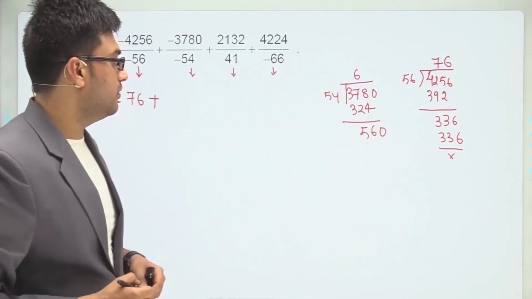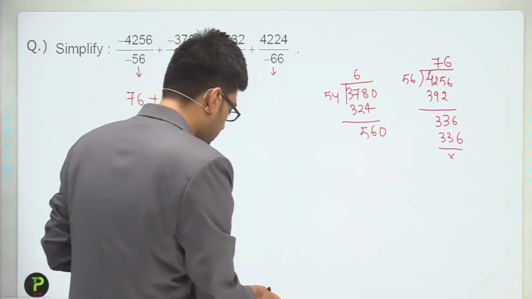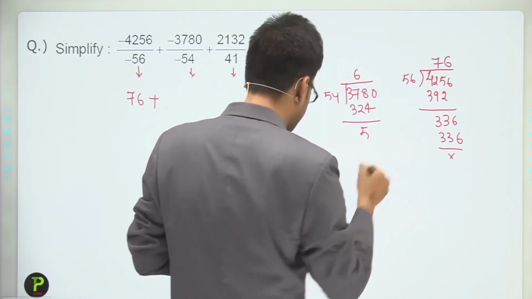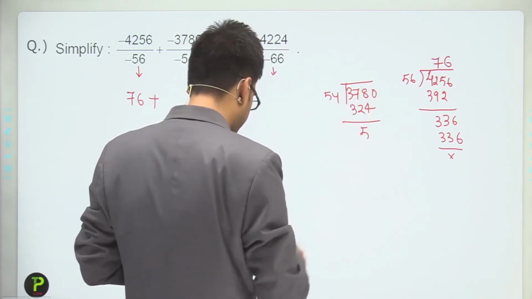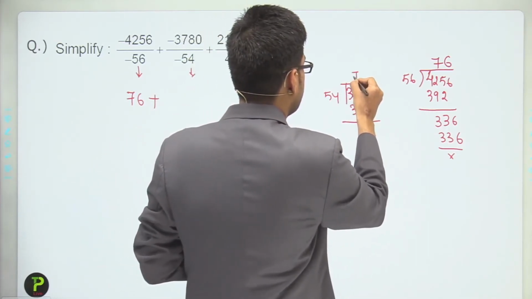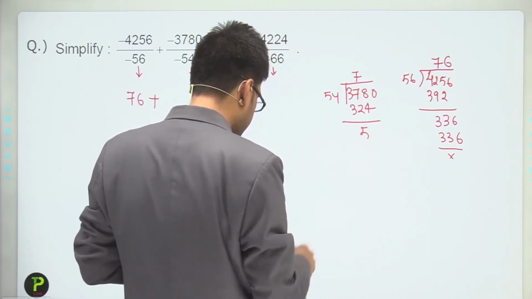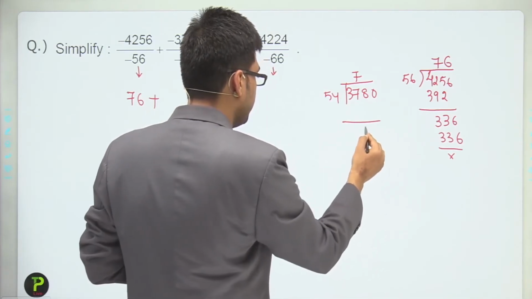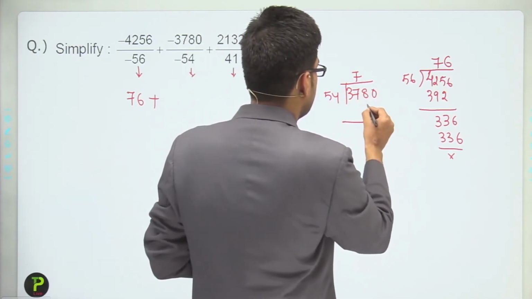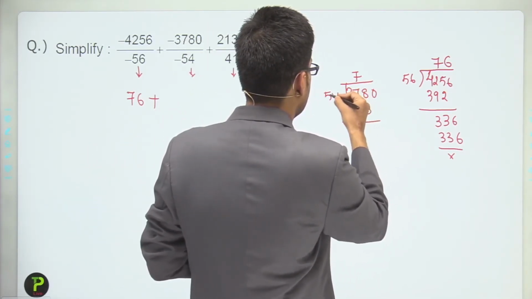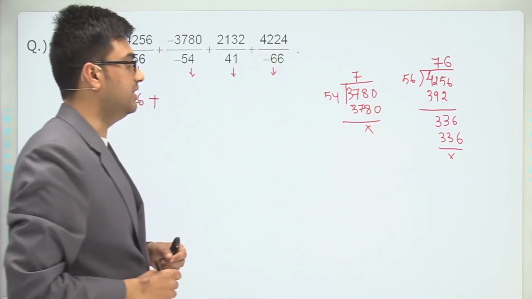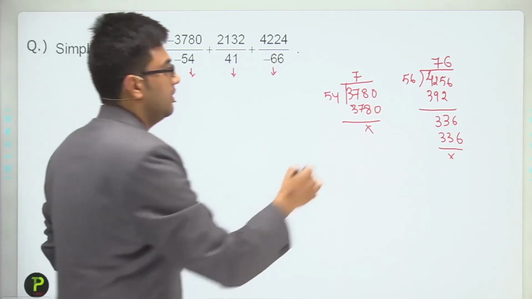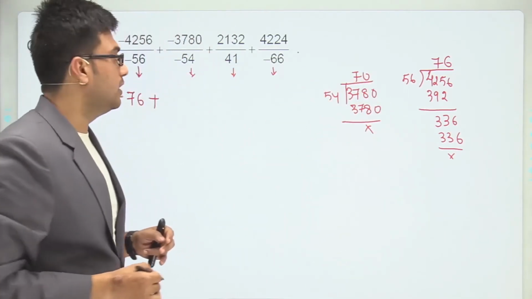Now students, here the remainder is larger, so we have to divide it 7 times. When we divide it 7 times, then we will get 3780. It is completely divisible 70 times. Clear?